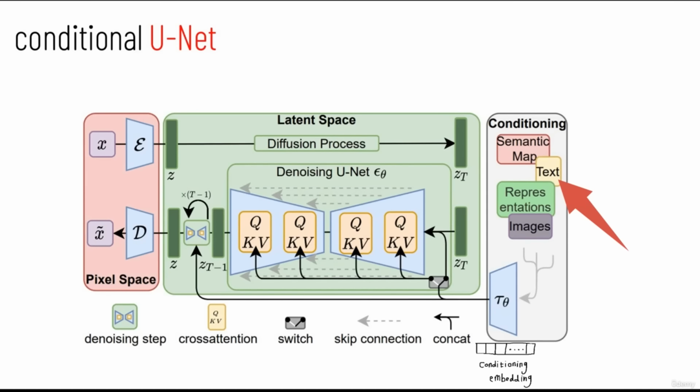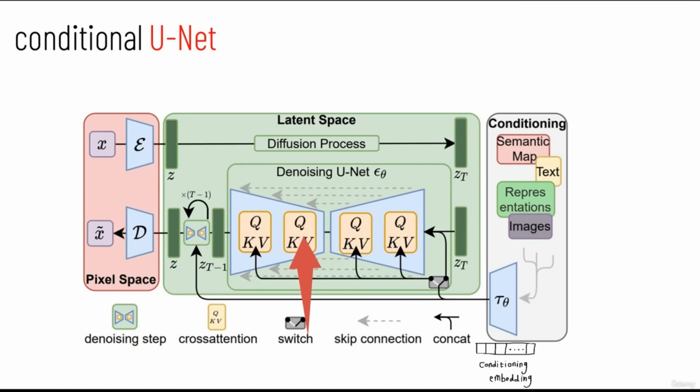Now we want to fuse this vector representation of our text with our U network. How can we do that? One way to do that is by using cross-attention blocks. We will put these blocks inside our U network.